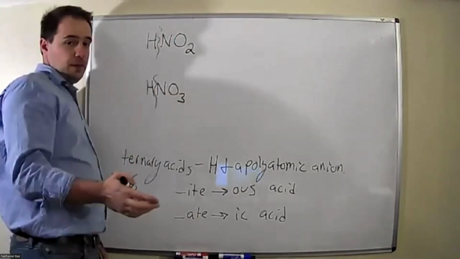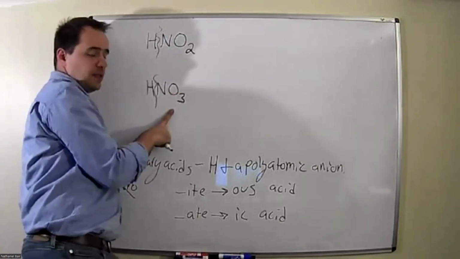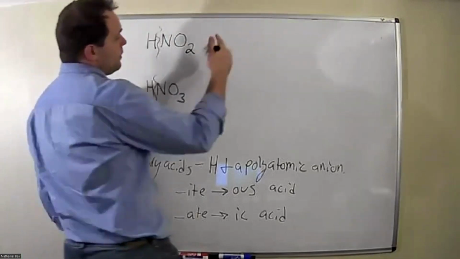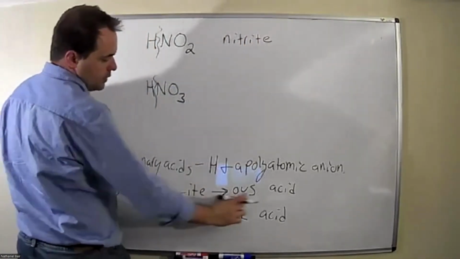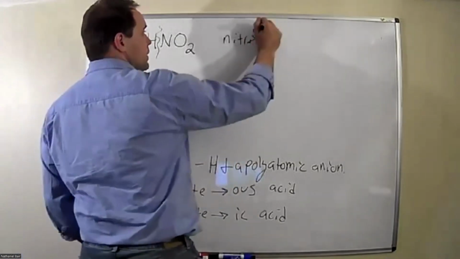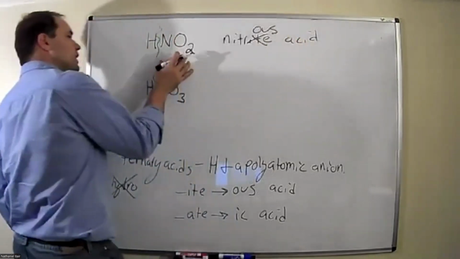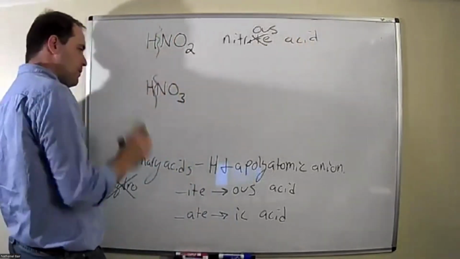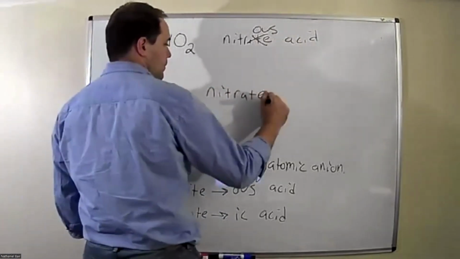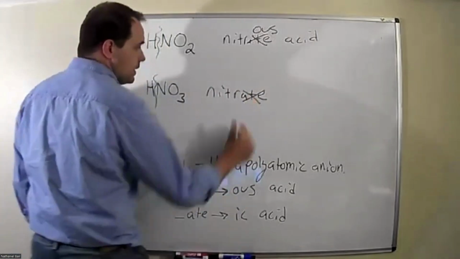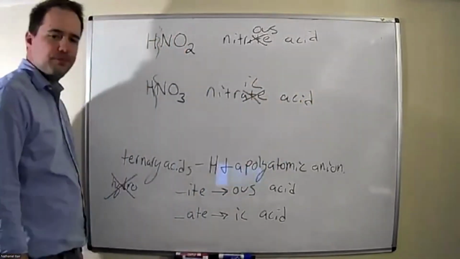Now, if you look on your sheet, NO2 with a -1, that's nitrite. NO3 with a -1, that's nitrate. So for nitrite, the ite gets changed to ous, so HNO2 is nitrous acid. Here we have nitrate, the ate gets changed to ic, that's nitric acid.